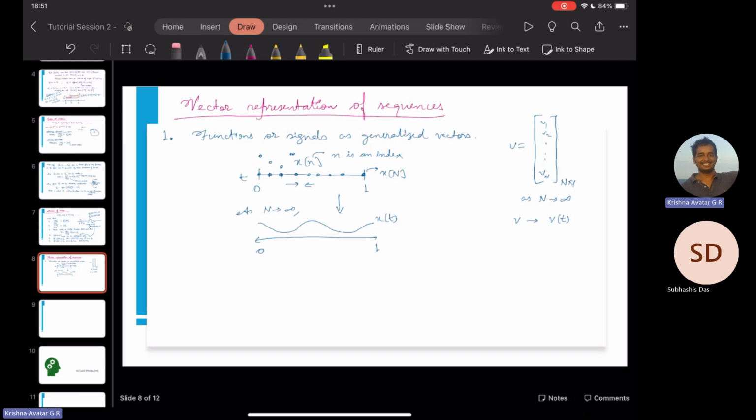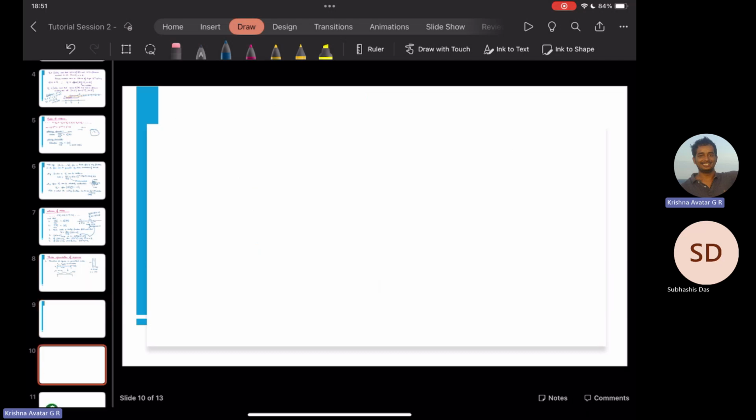So then we had talked about the connections between functions and sequences, how we are able to make connections. Then we moved on to describing certain quantities or mathematical operations defined on our signals, right?